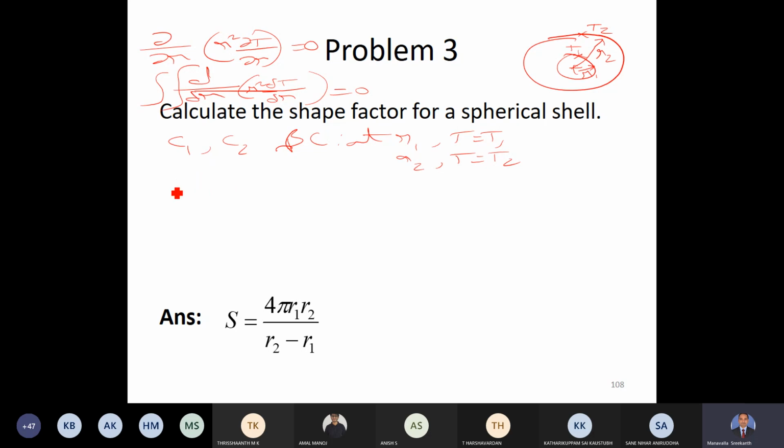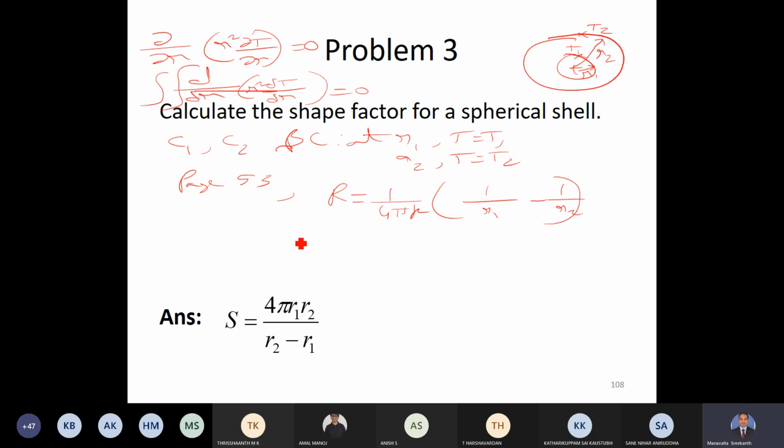What you can do is refer to page 53 of the data book. You will see that for a spherical shell having inner radius R1, outer radius R2, inner temperature T1, and outer temperature T2, the conduction resistance is given as 1 by 4 pi k into 1 by R1 minus 1 by R2.